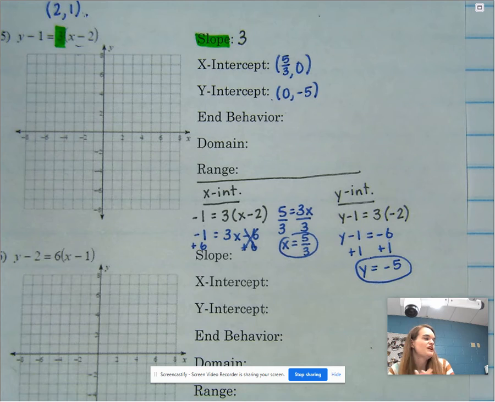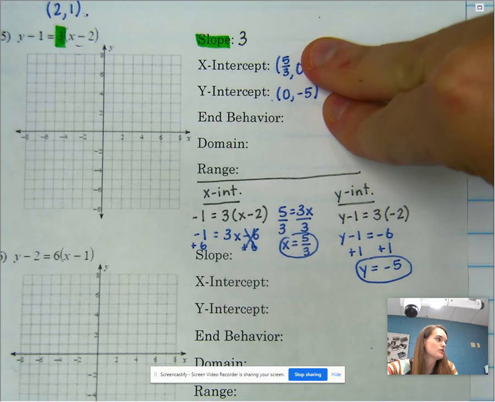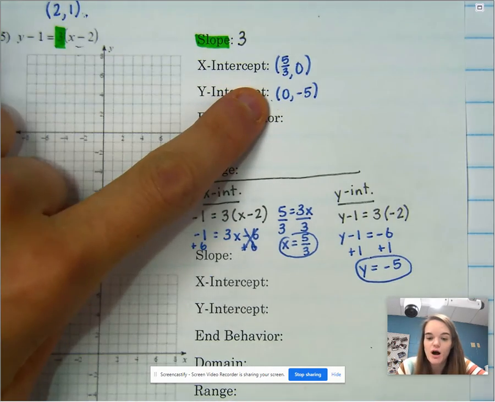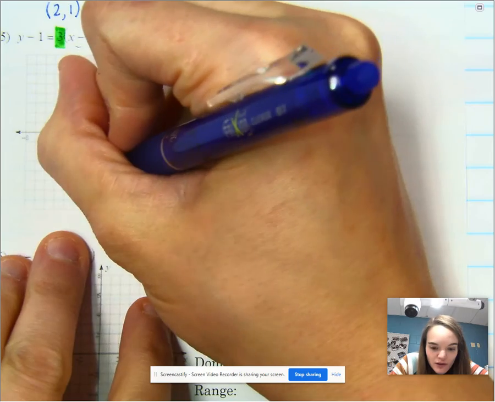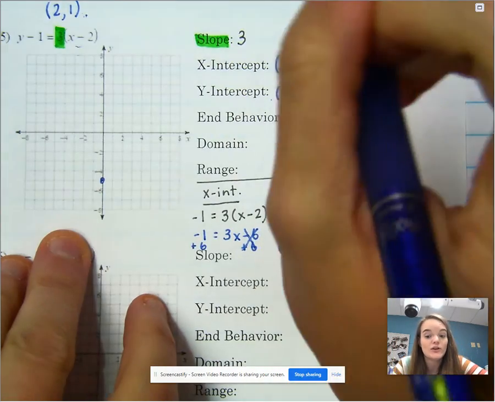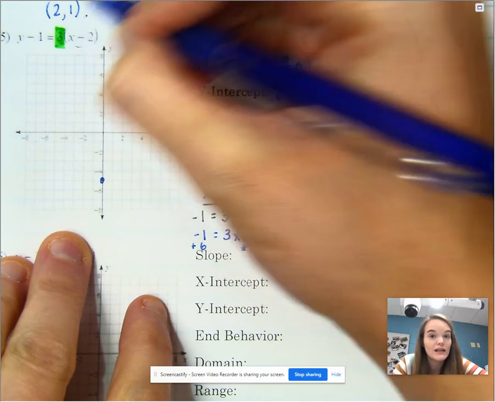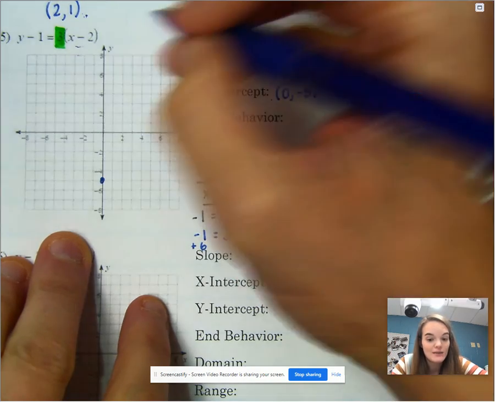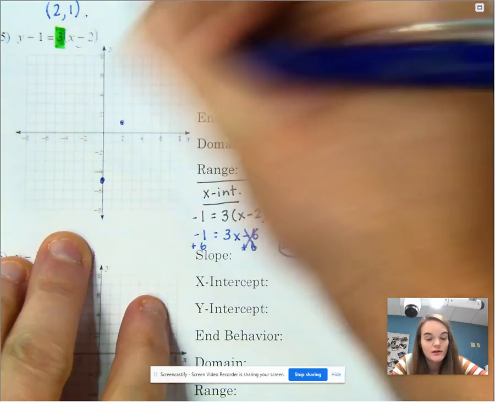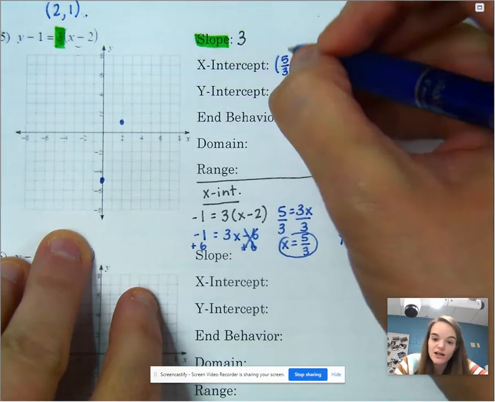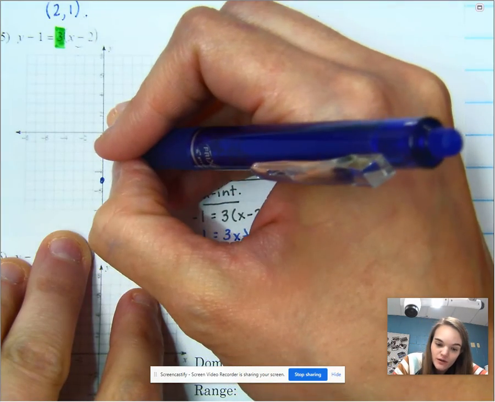Okay, I'm going to do things a little differently. A minute ago, I graphed with these two. I don't want to graph with 5/3, 0. So I'm going to put 0, -5 on the graph. And then I can either go up 3 over 1, or I can graph 2, 1. Either one is appropriate. I can put 2, 1 on here and draw a line, or I could go up 3 over 1.